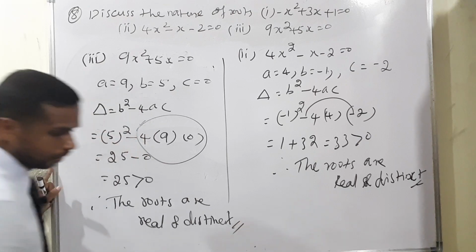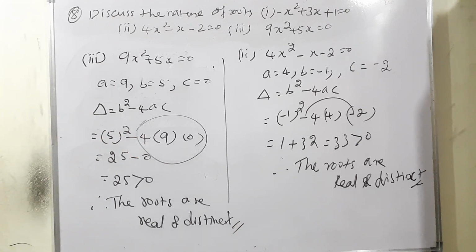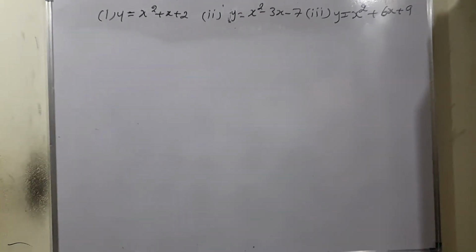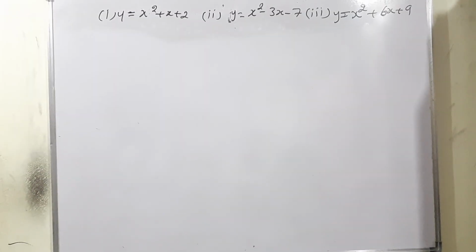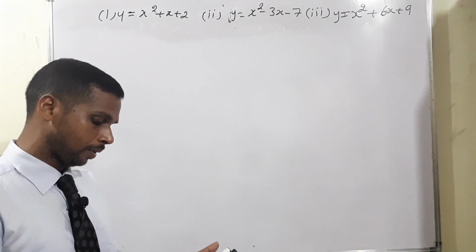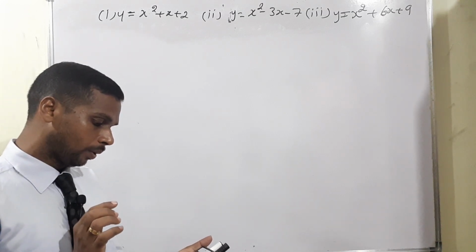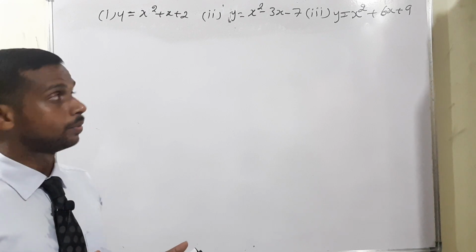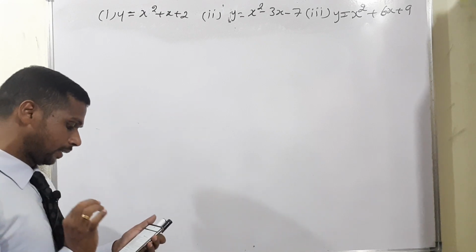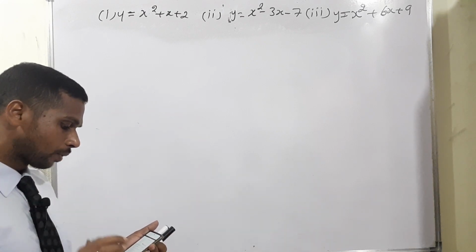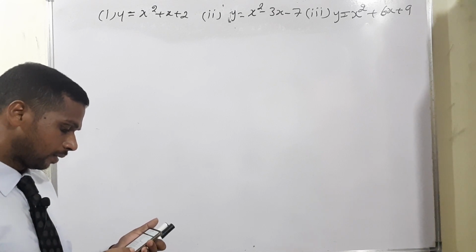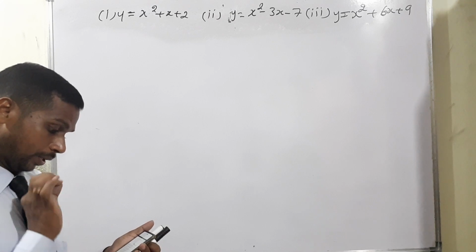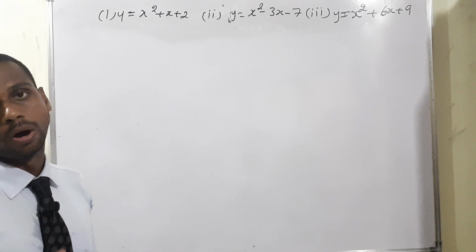Okay, I will continue with the next question. Question number 9. Okay, in your book, the condition is without sketching the graph. So, without sketching the graph, find whether the graphs of the following functions will intersect the x-axis and if so, in how many points.